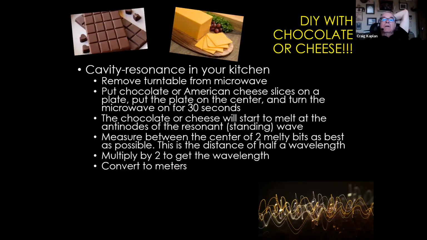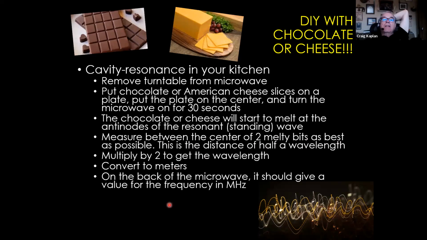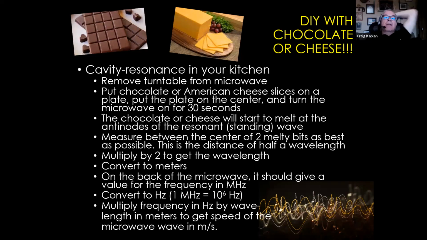You convert it to meters, and then on the back of the microwave, it'll give you the frequency in megahertz of the microwaves that it's producing. Convert that to hertz. 1 megahertz equals 10 to the 6 hertz. And then multiply the frequency in hertz by the wavelength in meters to get the speed of the microwave in meters per second.